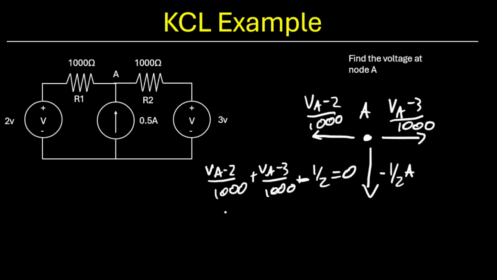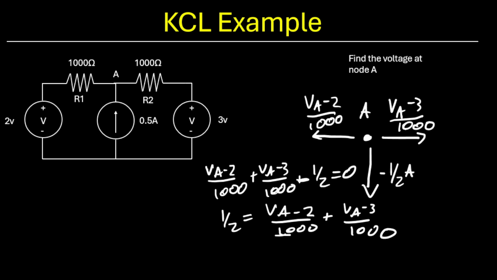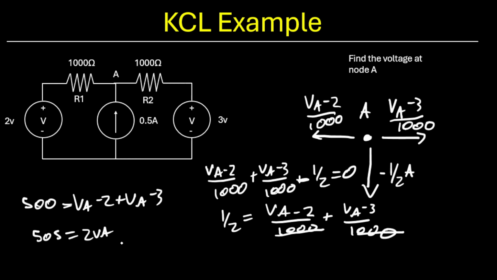Add 1/2 to both sides, we get 1/2 equals VA minus 2 over 1,000 plus VA minus 3 over 1,000. Multiply both sides by 1,000. Those cancel out, and we get 500 equals VA minus 2 plus VA minus 3. 505 equals 2 VA, or VA equals 505 over 2.